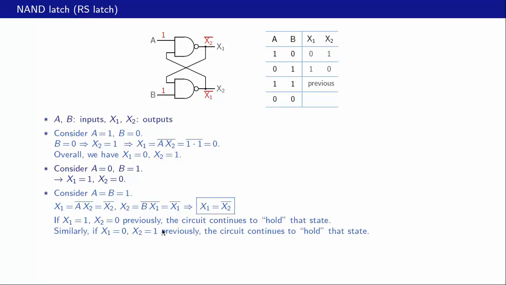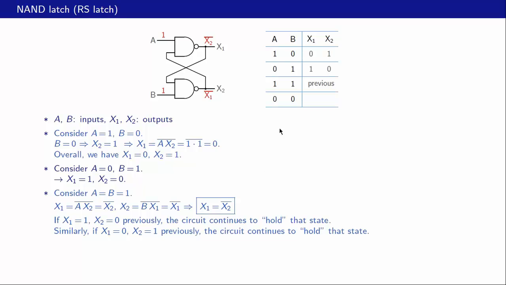Similarly, if X1 was 0 and X2 was 1 previously, then the circuit will continue to hold that state. So both of these are possible. We can have X1 equal to 1 and X2 equal to 0, or X1 equal to 0 and X2 equal to 1. And which one of these will actually happen depends on what was X1, what was X2 before.